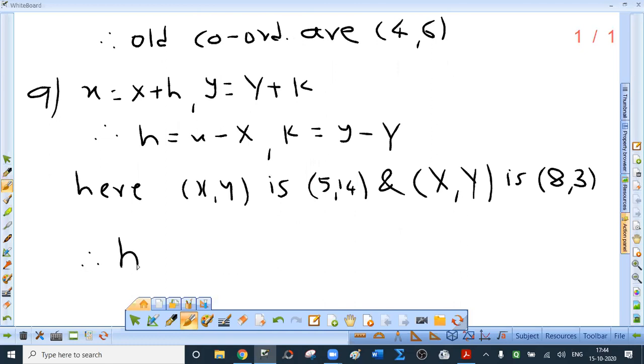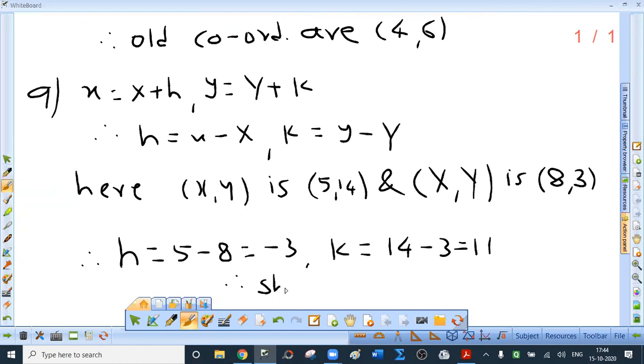Therefore, what is h? h is nothing but 5 minus 8, that is minus 3. And what is k? k is nothing but 14 minus 3, that is 11.